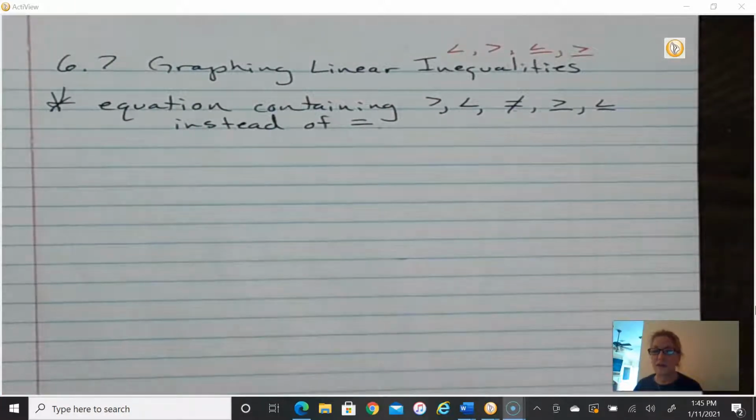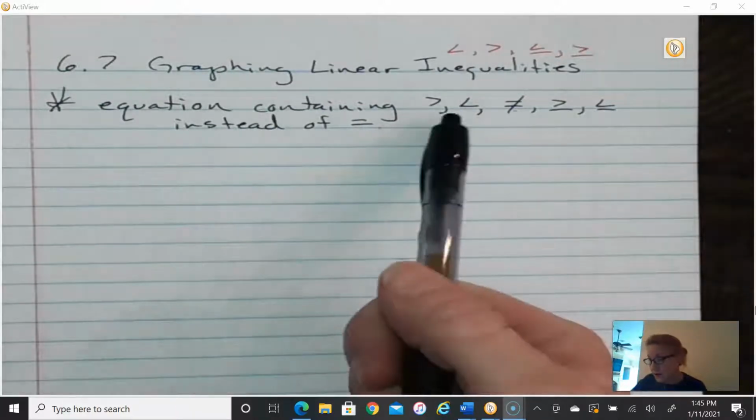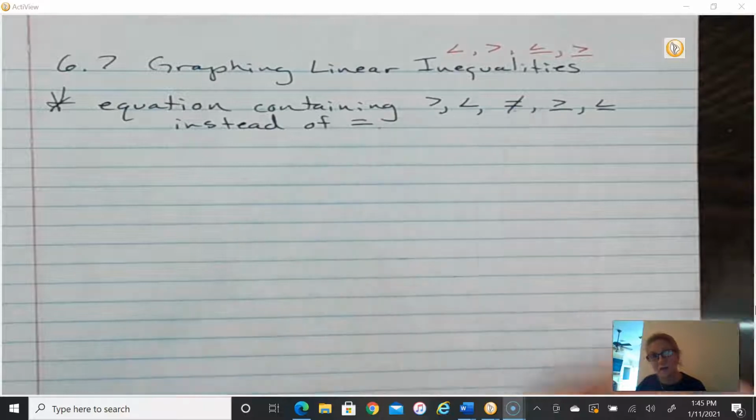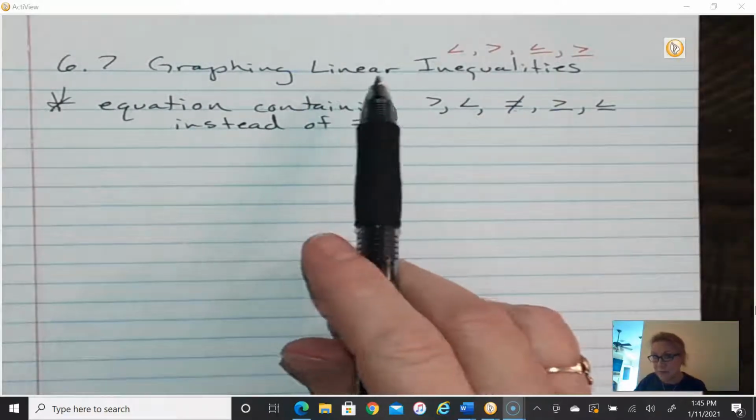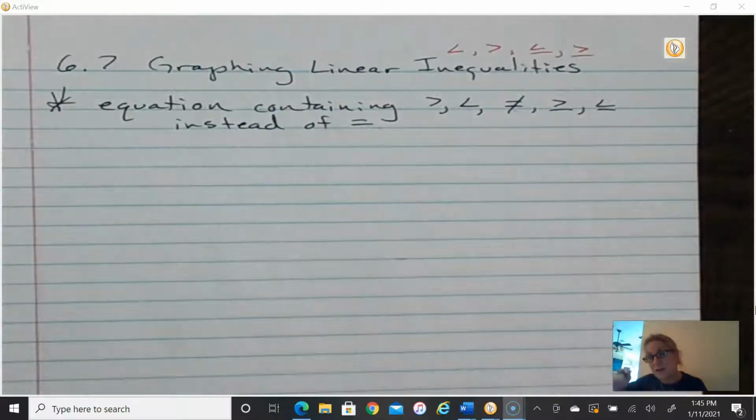There's no difference in how you solve these, except for the fact that you're replacing that equal sign with greater than, less than stuff. You're also going to be shading, and we're going to get to that, and your line, your linear equation, your line that you're going to be drawing on the Cartesian plane, it's going to be either dashed or solid. If you remember, we've done this before. You did this last year, and we have talked about that this year.